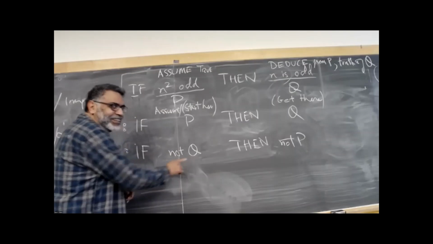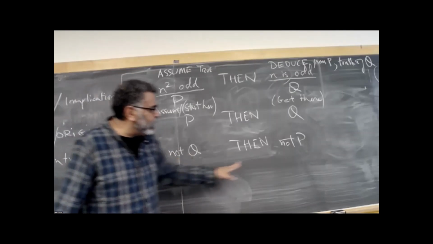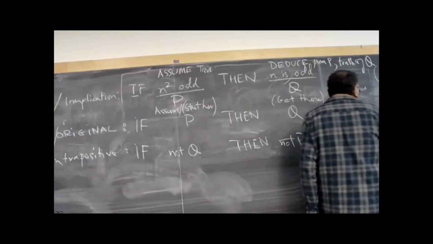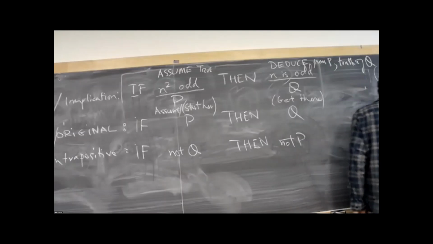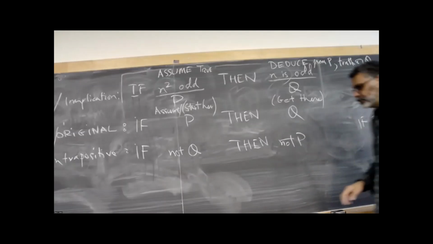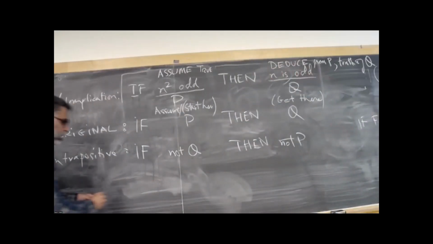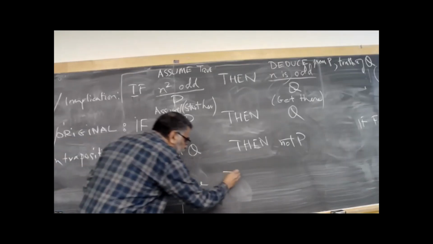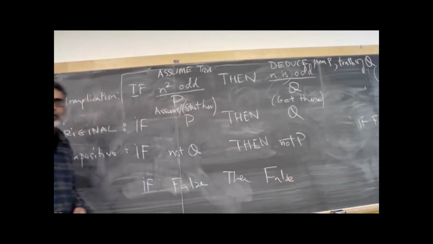What we do is we assume that Q and P are both false. And if they're both false, we can move them around. Because if false, then false, and we haven't looked at truth tables.